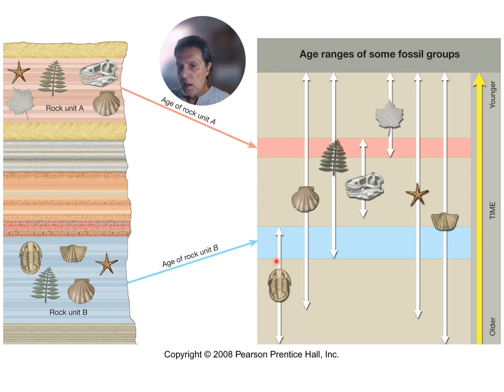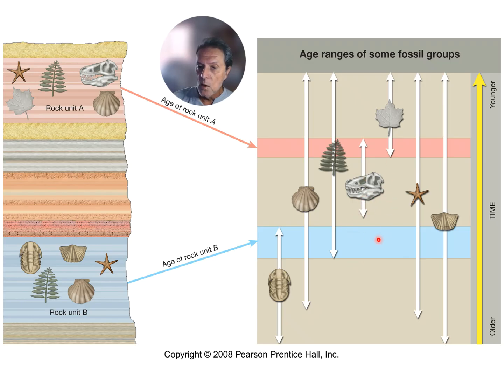Let's try to find the relative age of the blue layer. We find that this fossil is present in the blue layer, but so is this fossil, so is this fossil, so is this fossil, but this dinosaur skull was not present.